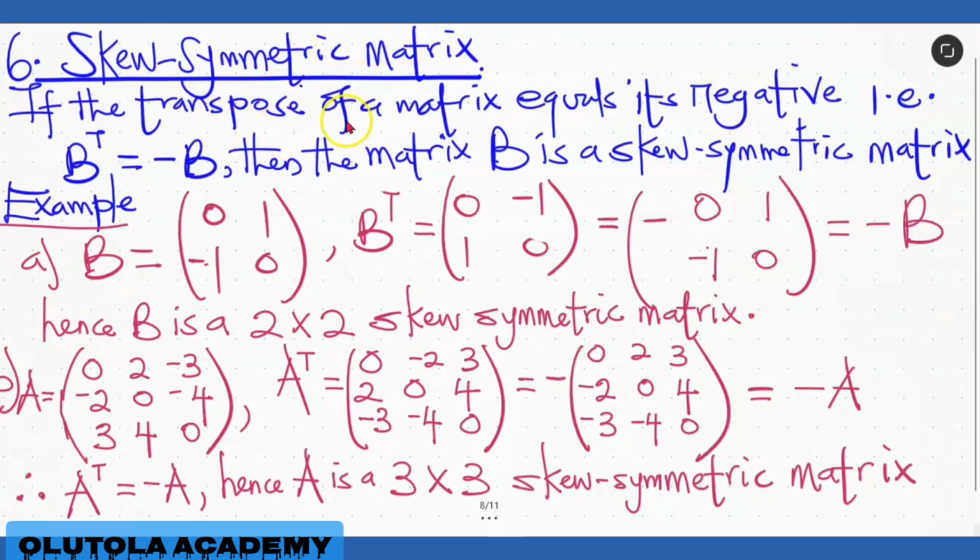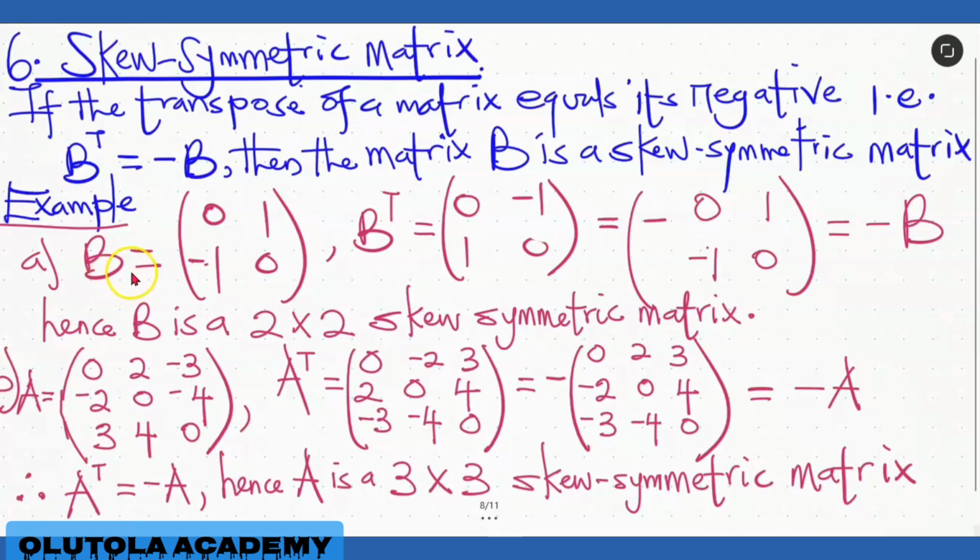If the transpose of a given matrix equals its negative, that is, B transpose is equal to negative B, then the matrix B is a skew-symmetric matrix. So let's look at the example to understand what a skew-symmetric matrix is all about.